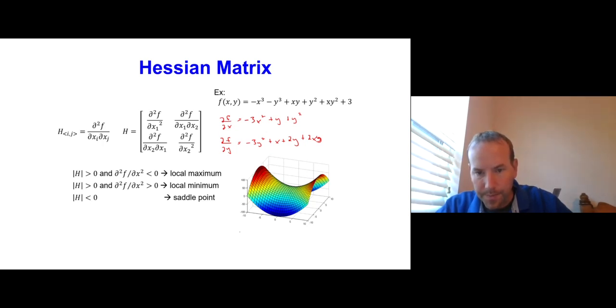I'll show that down here at the bottom, where if you again take the derivative of this term, df/dx, with respect to x, you're going to be left with negative 6x. And if you again take the derivative of df/dy with respect to y, you'd get negative 6y plus 2 plus 2x.